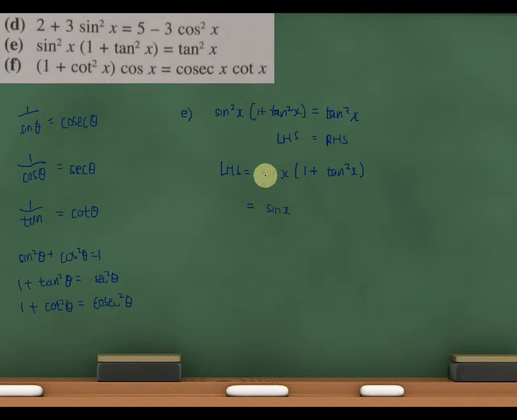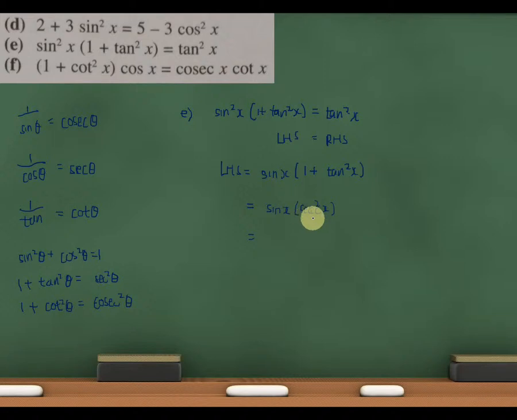I notice that I have a sine in front. In order to get tangent, I might need to have something in the denominator as cosine x. I'm just guessing. In this part, I'm trying to factorize more, make it simpler. So I do not go and expand and introduce other things. I see a pattern in my identity, so this will kick in. So I replace that with secant square x. You notice we are going to get simpler and get tangent square x.